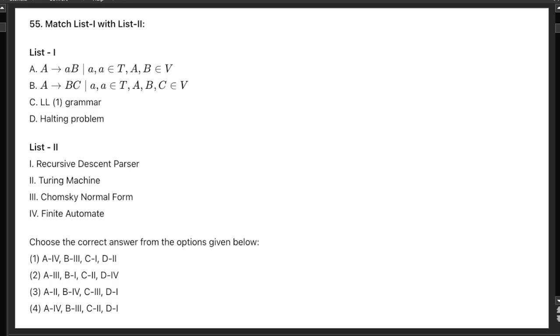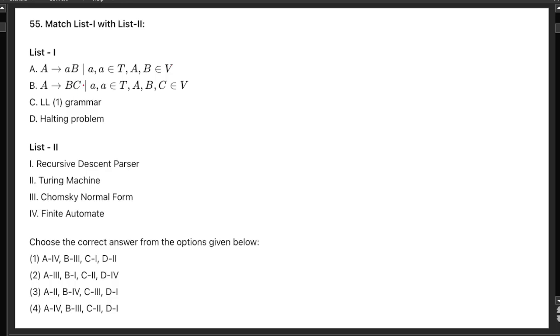Let's see this question, everyone. Let's read the question. The question says match list 1 with list 2. List 1 is this: A derives AB, where A belongs to T, AB belongs to V. That means A is terminal and AB are the variables.